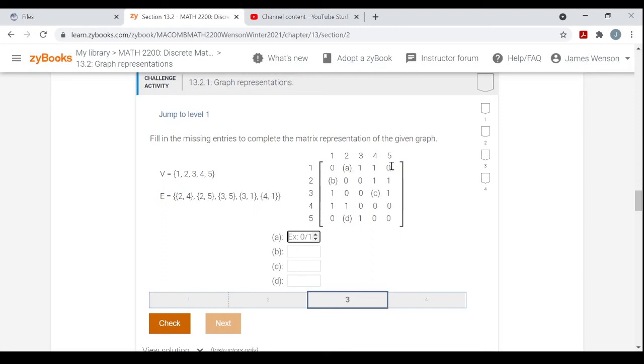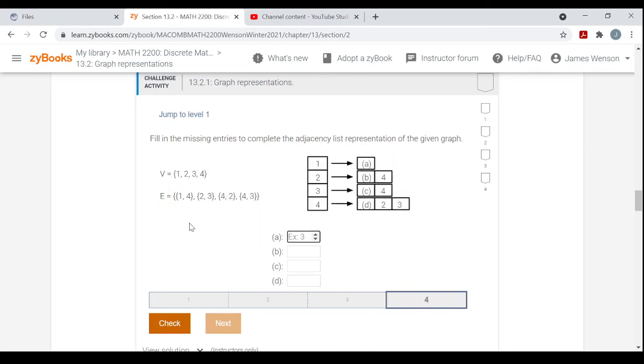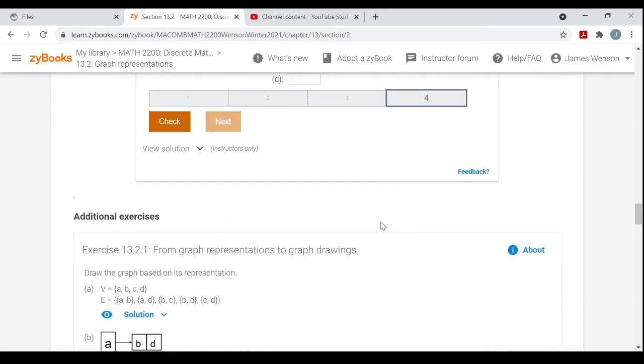And where there are no edges, you got zeros. So again, just filling in this matrix representation. Then again, same thing here. You're not given a graph. You're given a vertex set and the edge set, and asked to write this adjacency list representation. Very, very simple. And that's it.